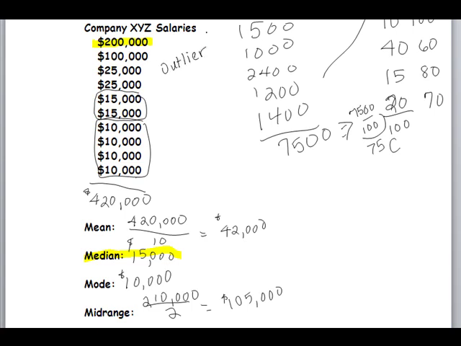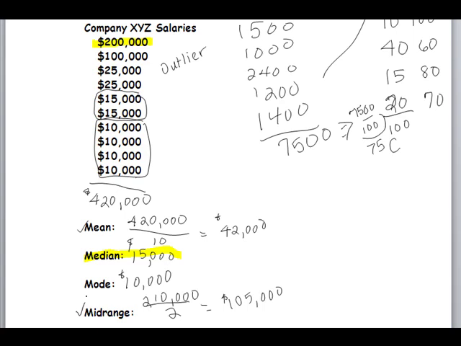They are not resistant to extreme values. The median is resistant to extreme values. So anytime you have extreme values, it's a good idea to select the median as most representative. Notice how easy it is to, as they say, lie with statistics by presenting the 42,000 or the 105,000 or even the 10,000 as a value that represents the center of this data. The one you want to go with is the median.